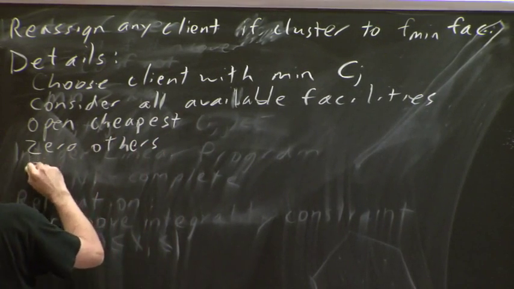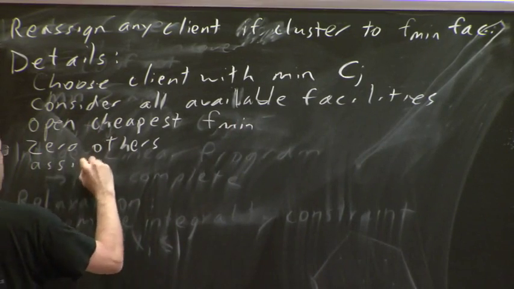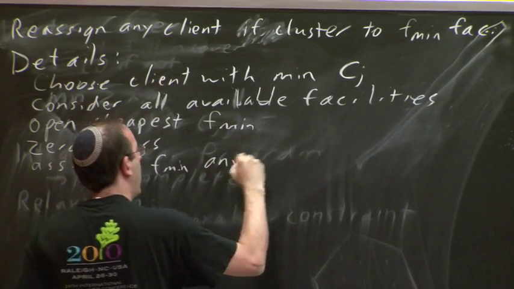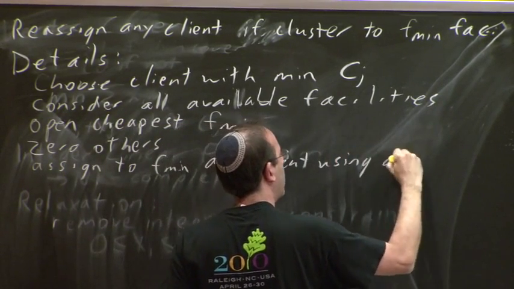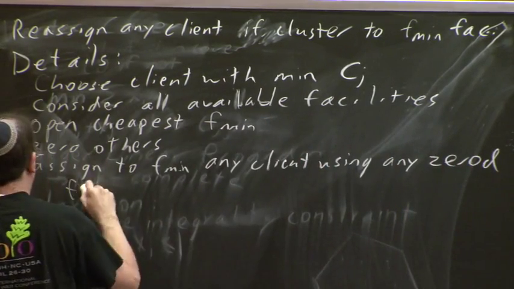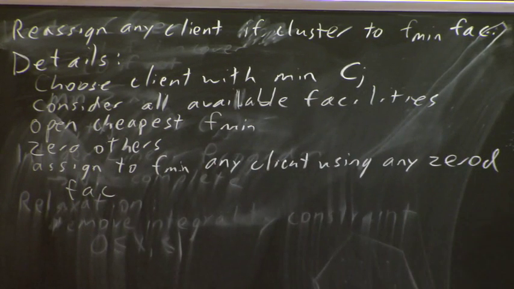This is the cheapest, this F min guy. And then assign to this F min any client using any zeroed facility. So is the statement of what I'm doing clear?